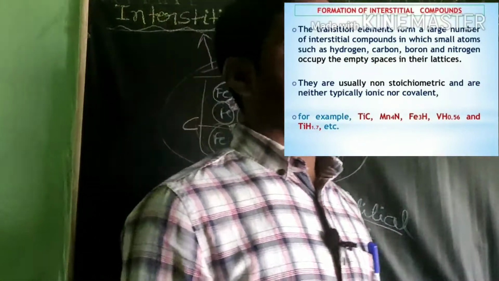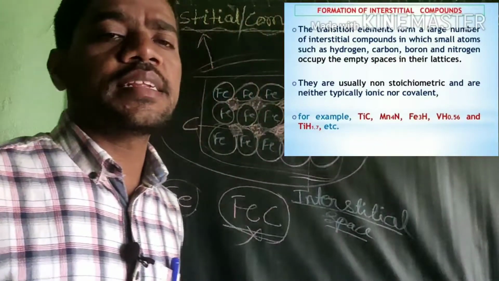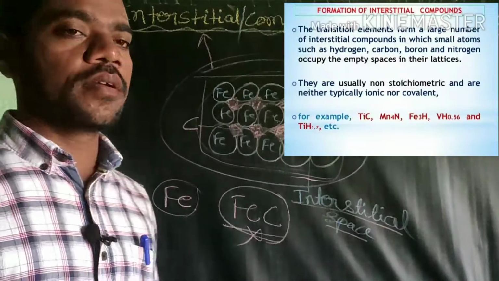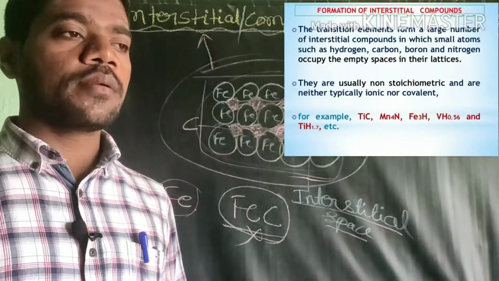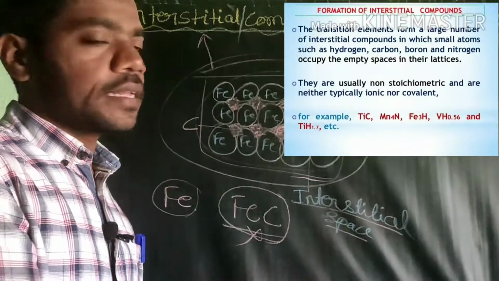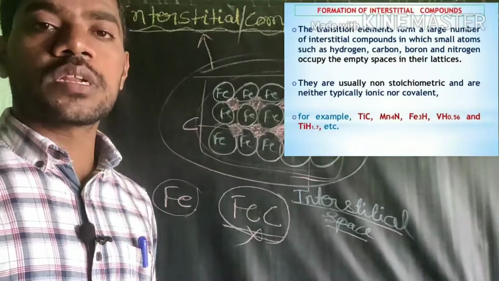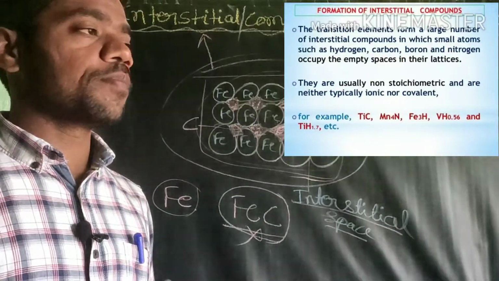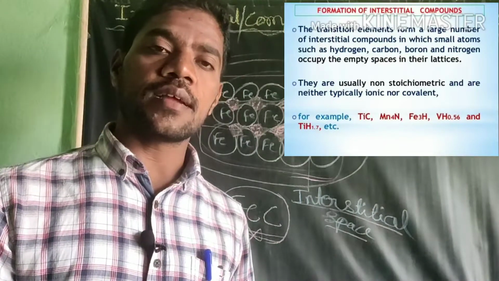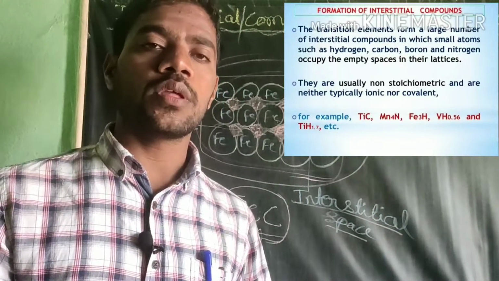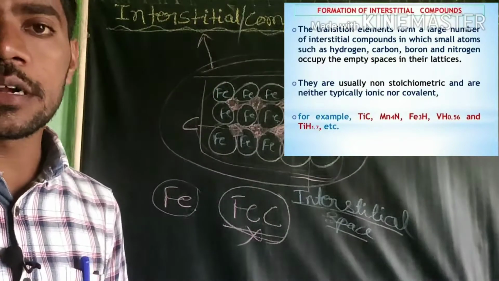There are many reasons why we make interstitial compounds. For example, some compounds are a little hard, but after adding nitrogen, hydrogen or carbon, they become somewhat harder. Also, if some molecules are not dielectric, after adding interstitial atoms like nitrogen or carbon they gain dielectric or insulating property, or it may be conducting property.